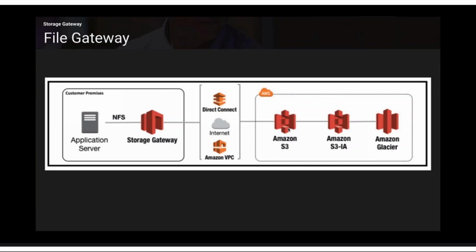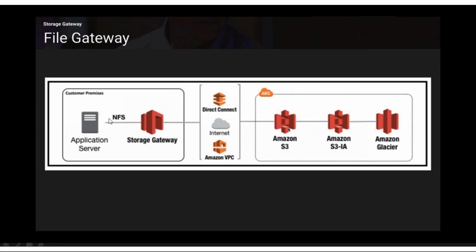So I have an application server using the storage gateway here. I'm just setting up the NFS file system, and I'm going to connect to my AWS cloud either using Direct Connect or the internet, and I'm going to get connected to my specific virtual private cloud if I have any in Amazon, or I can directly get connected to Amazon S3 here, right?